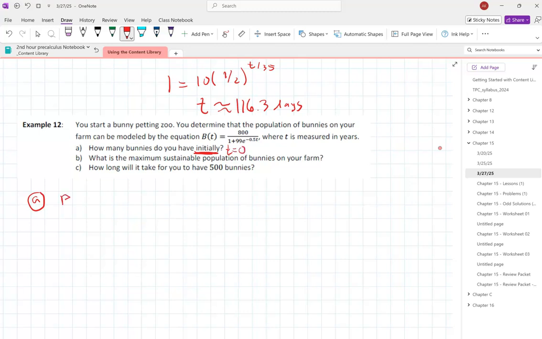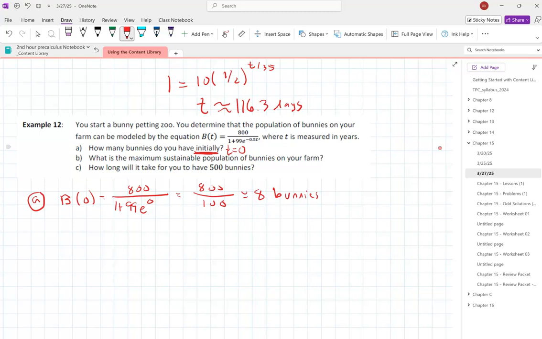Yeah. So I'm just going to do b of 0. So e to the 0 is 1. 1 times 99 is 99. 1 plus 99 is 100. So initially I have 8 cute little bunnies.